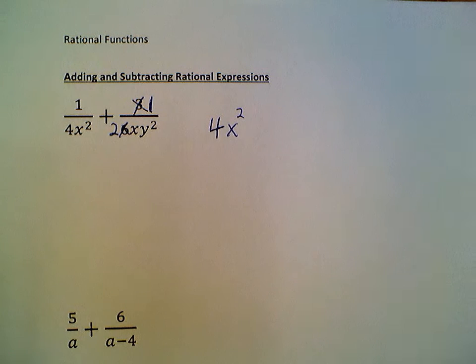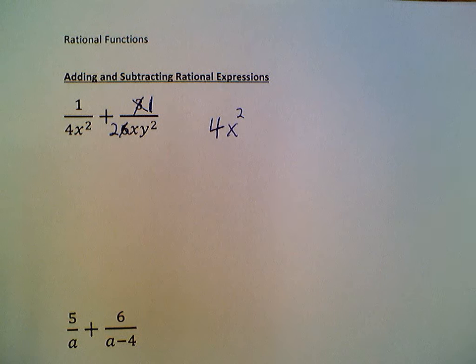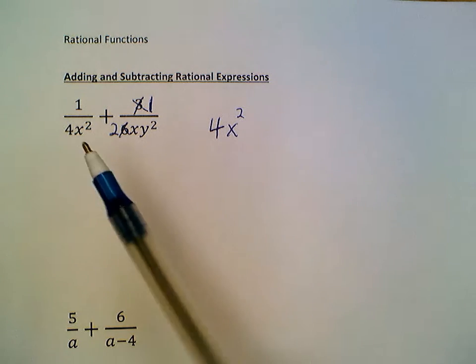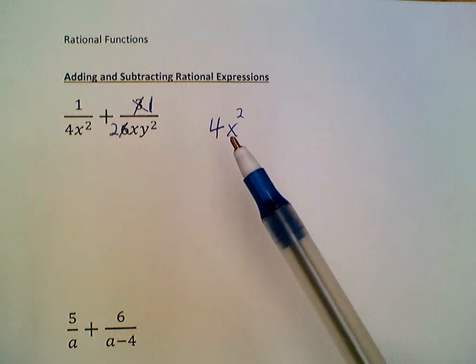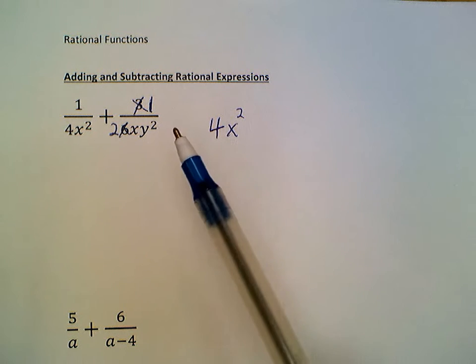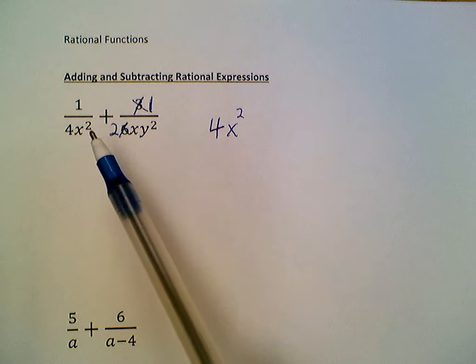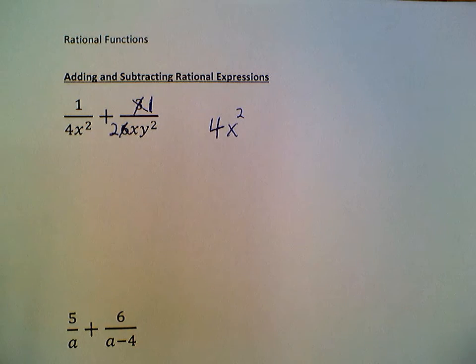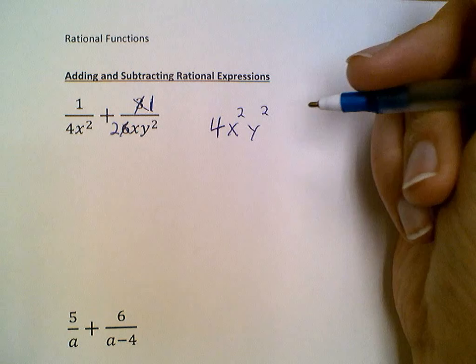Generally speaking, when you've got variables, you're going to need the highest degree variable in the denominator because you need something that both denominators can go into. So x squared can go into itself, and x can go into x squared. And as far as the y's go, I have a y squared in the second denominator and 0 y's in the first denominator, so I'm going to need a y squared.